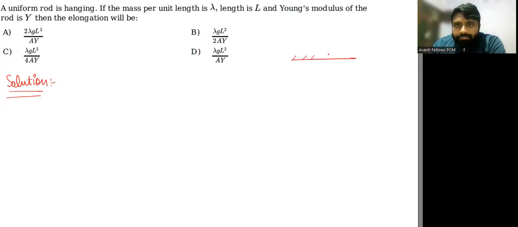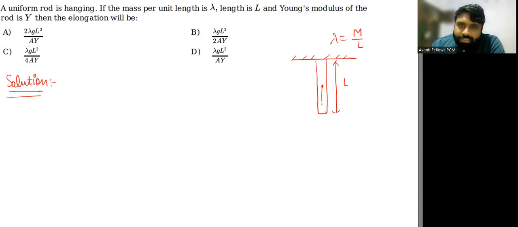So what do we have? We have a rod of length L, capital L, and mass per unit length, which is the linear mass density, given by lambda.